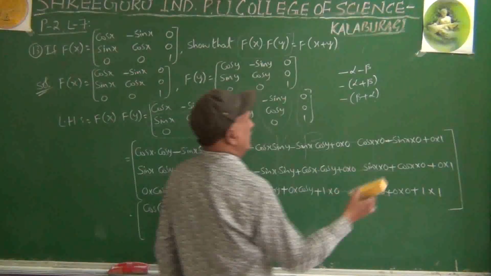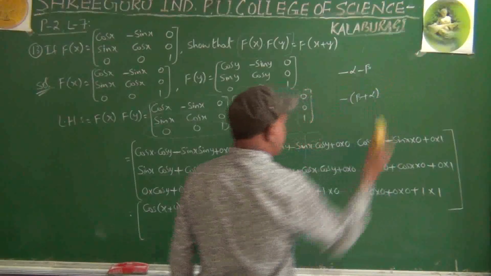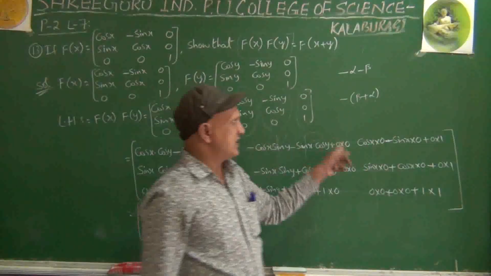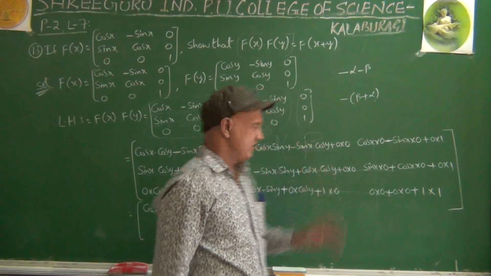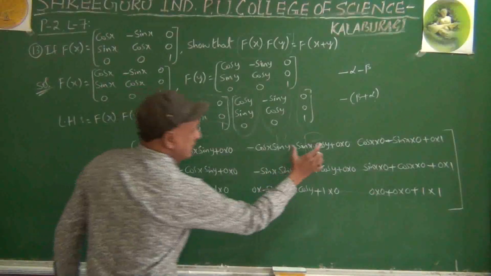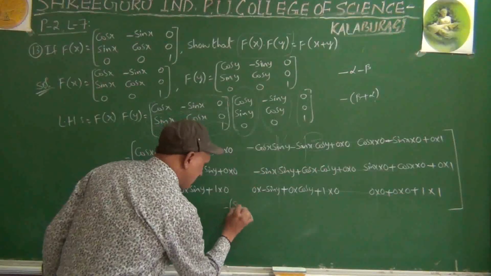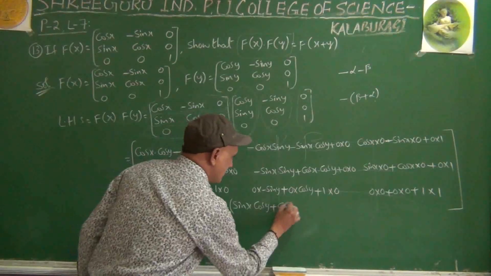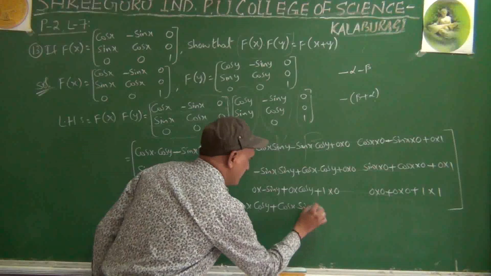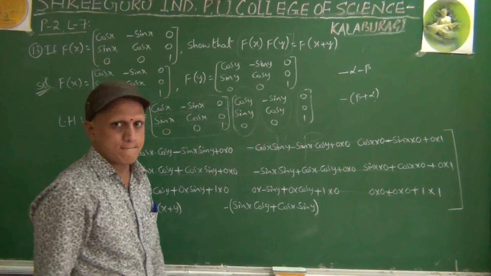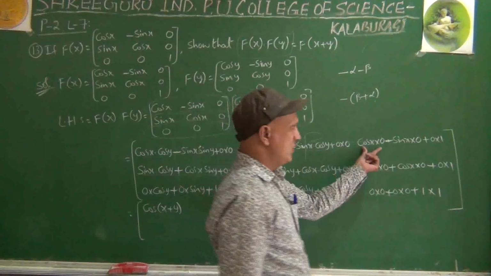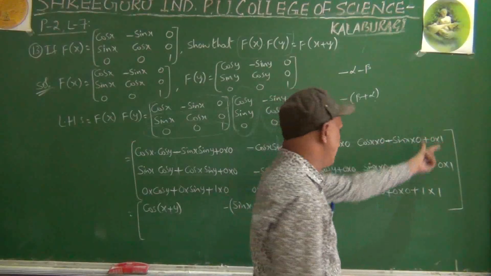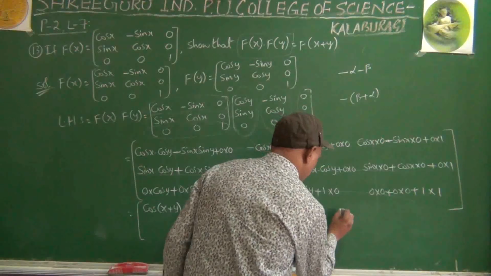What I am doing? This I am doing. Minus common. Beta plus alpha I am writing. This I am going to write first. Sin x cos y plus cos x sin y. Okay. 0, 0, 0. Successfully it is 0.